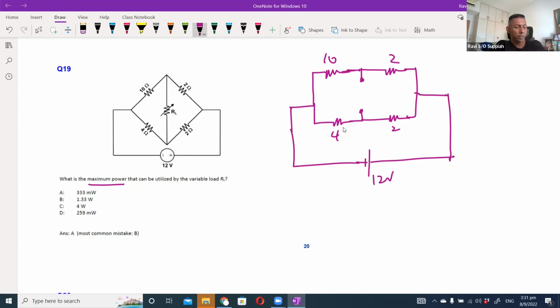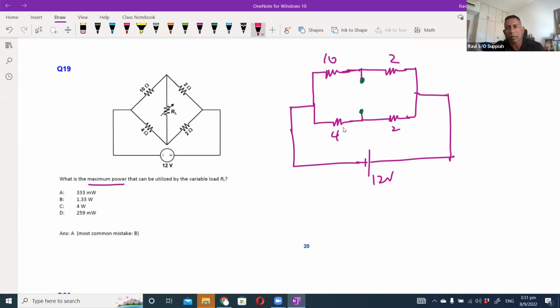That is basically what you have here. Now to find the VTH, I need to find the voltage at these 2 points, here and here.